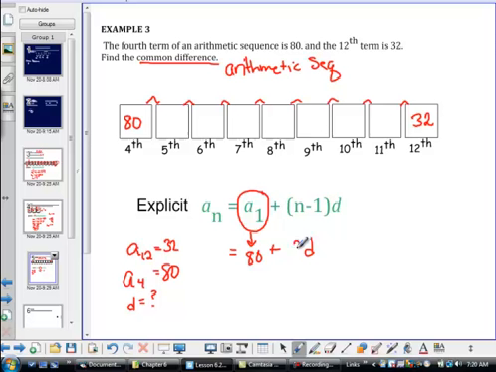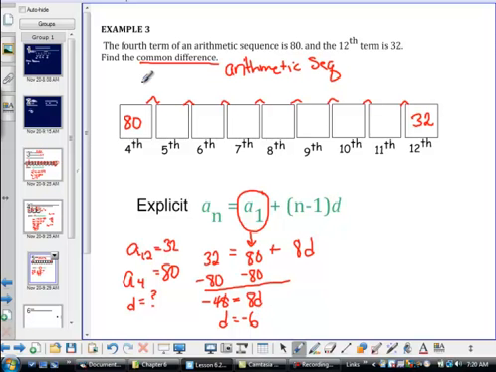We know 8 differences were added on to 80, and that got me 32. All right, so I'm just going to do the math here. Minus 80, minus 80. So let's see, that gets me 8d, that gets me negative 48. So my common difference was negative 6.